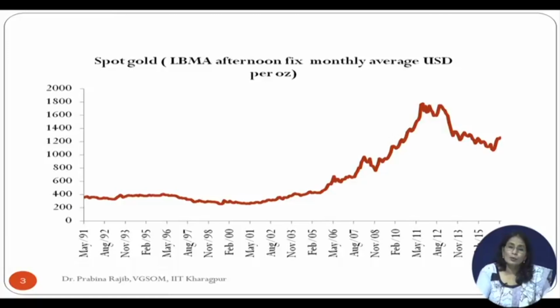During this prolonged period of low price, many gold mining companies started entering into forward contracts to deliver gold at a fixed price for a substantial long period of time.